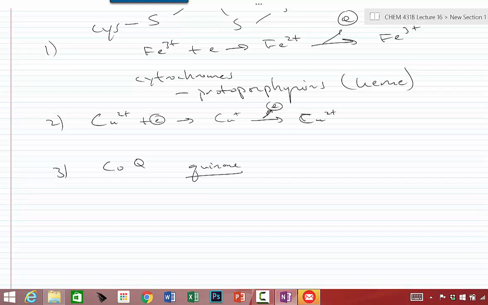So complex 2 will take FADH2, oxidize it to FAD, and then eventually those electrons lead to Q. And then Q will give its electrons to complex 3, and of course complex 3 gives it to complex 4, and finally oxygen is going to be reduced, and that happens in the matrix here. We're not showing you that.